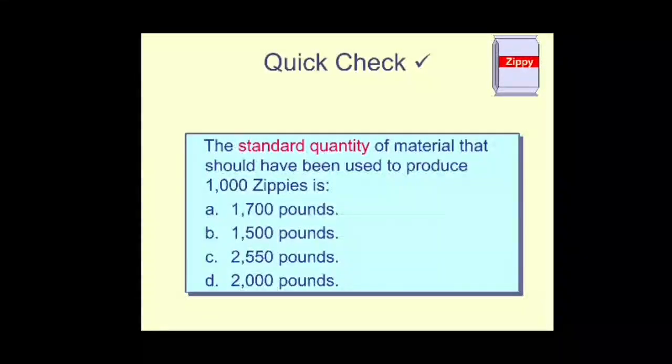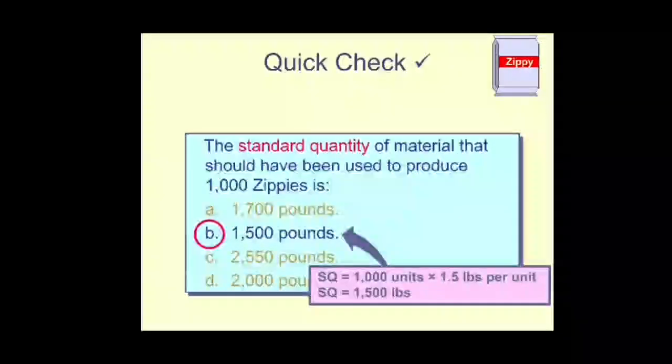Now look at how to calculate the material quantity variance. The standard quantity of material that should have been used to produce 1,000 ZP is 1,000 units of production times 1.5 pounds per unit, so the standard quantity is 1,500 pounds.